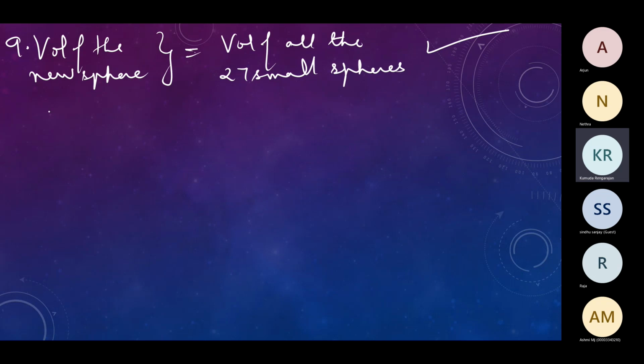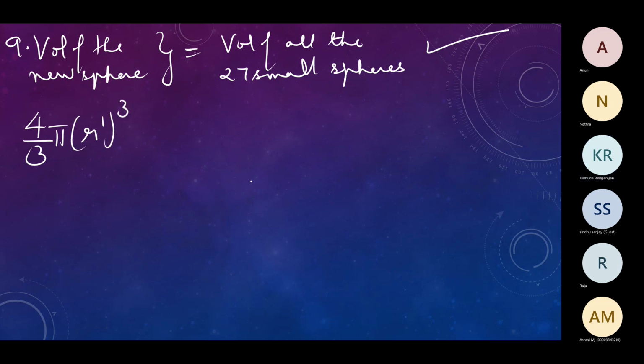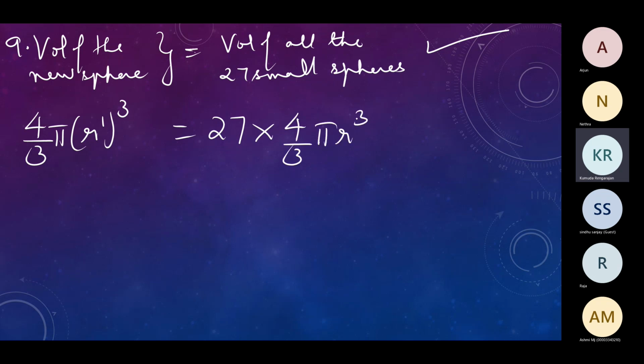What's the volume of the new sphere? 4 by 3 pi r dash cubed is equal to the volume of all the 27 small spheres, 27 into each one, 4 by 3 pi r cubed. Is this correct? Volume of one small sphere is 4 by 3 pi small r cubed, into 27.